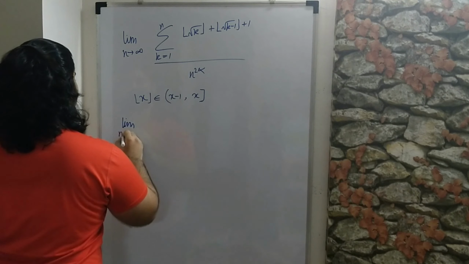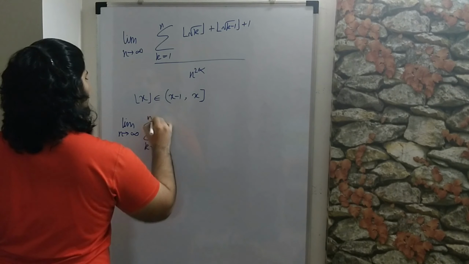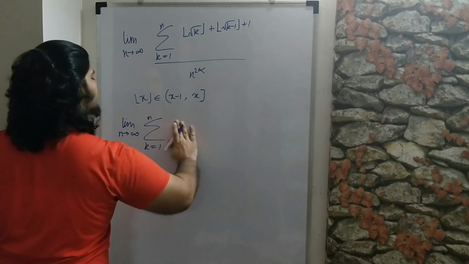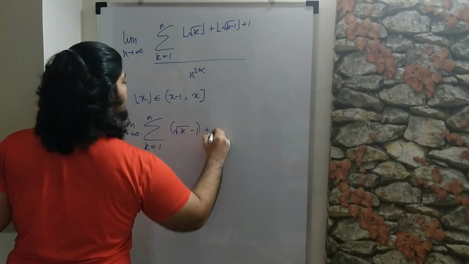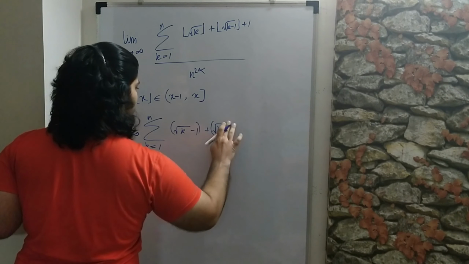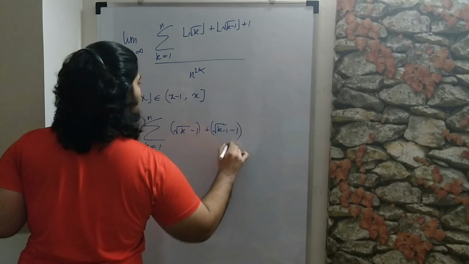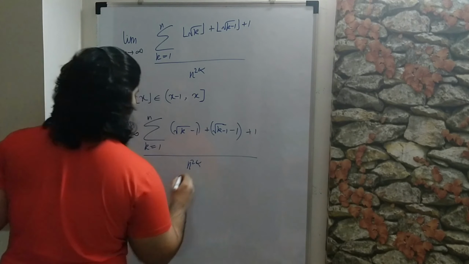I'll write both of them down. So instead of floor of root k, I'll write root k minus 1, plus root k minus 1, minus 1 and plus 1, all over n to the 2 alpha.